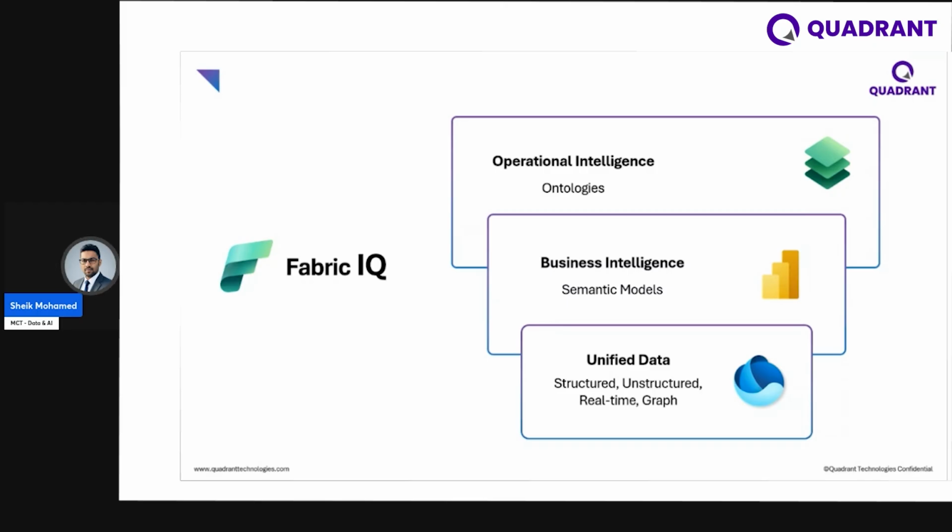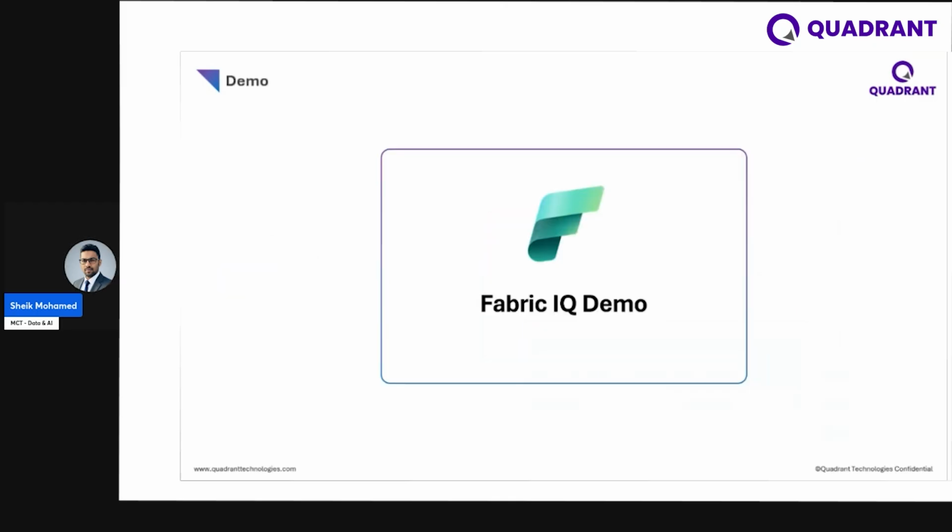And then on top of it, we have this ontology where we add business semantics to all of the entities that you have within your data. And then you bring the business closer to real-time action with the operational intelligence. This is where curated data can support monitoring, setting up alerts, operational decisions, or even AI-assisted responses. So the value actually increases as we move upward from unification of data to BI and then to the operational intelligence layer. Yeah, next slide, please.